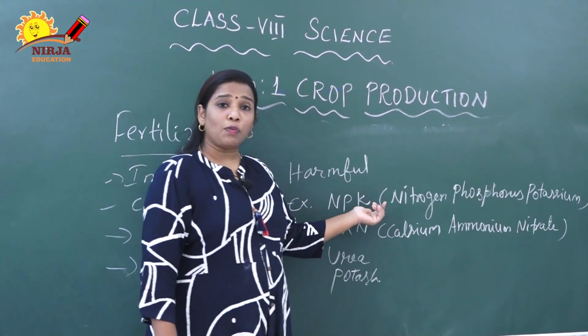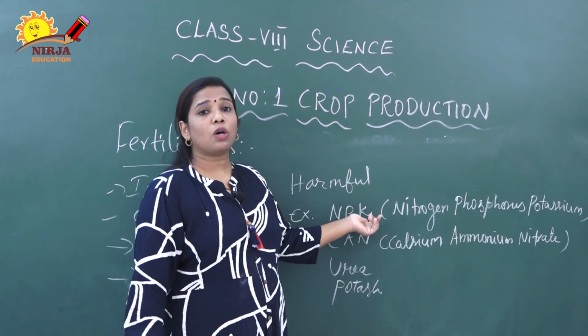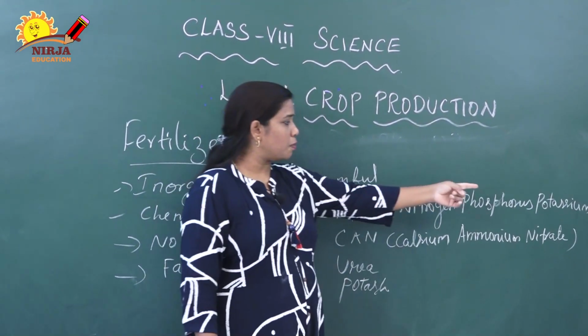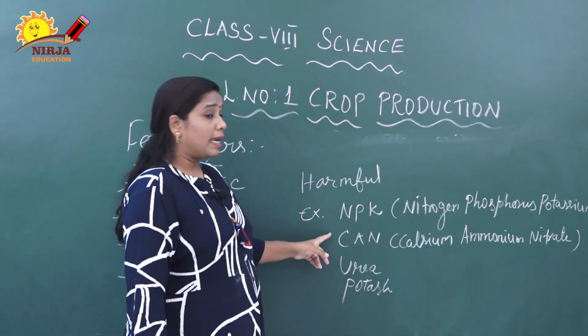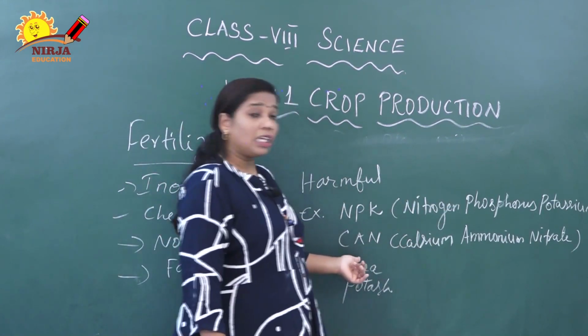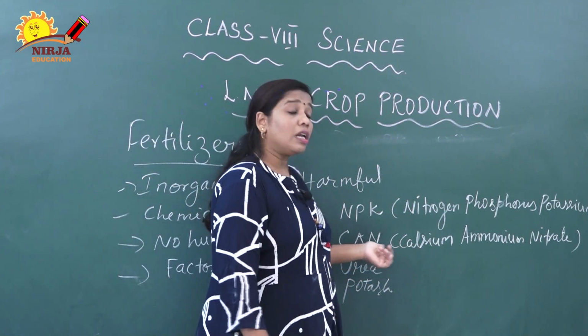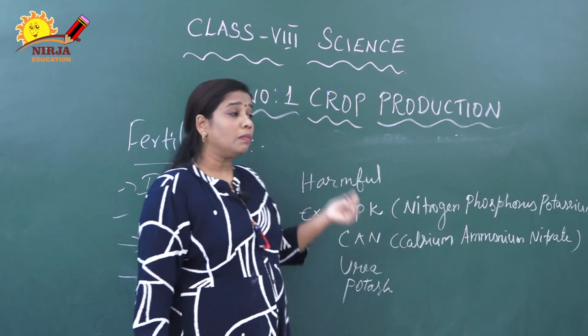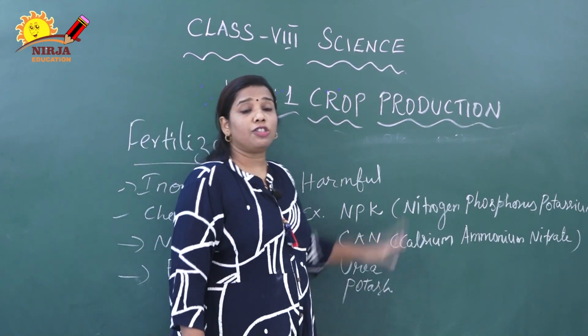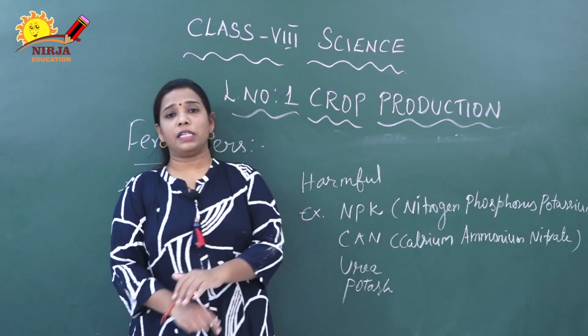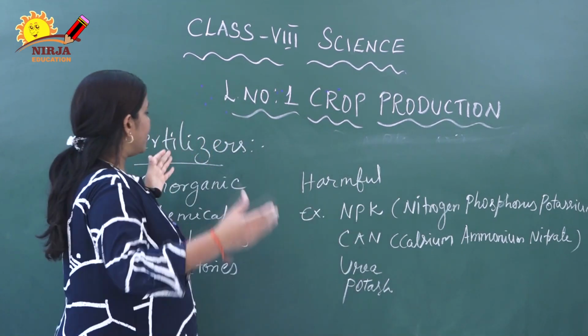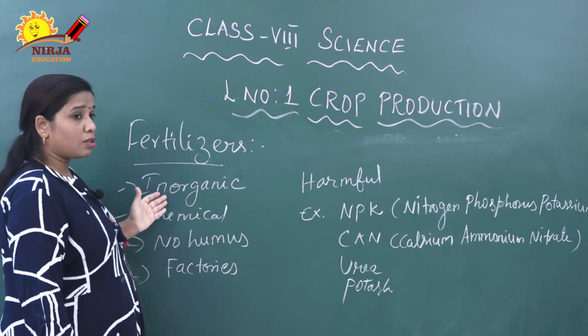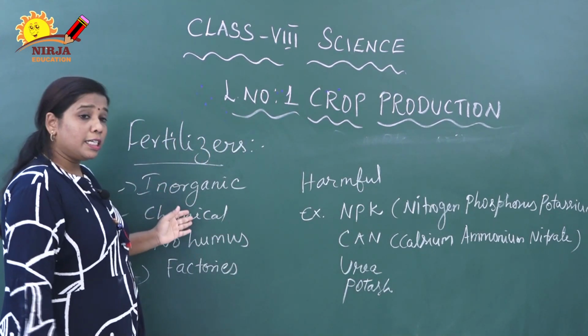K is the chemical symbol for potassium. CAN: C for calcium, A for ammonium, N for nitrate, calcium ammonium nitrate. Urea, potash, these all are examples of fertilizer.